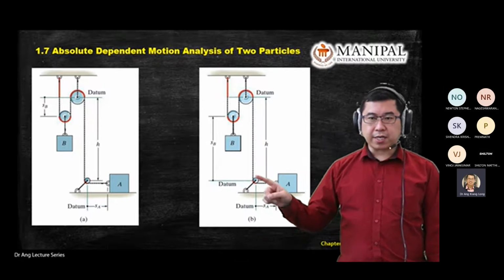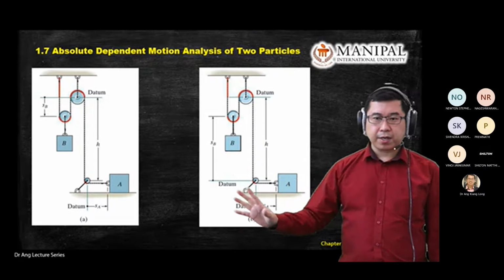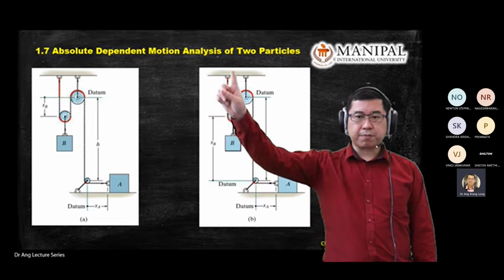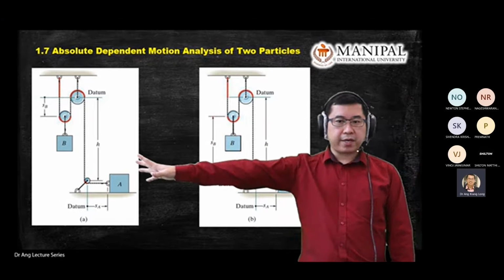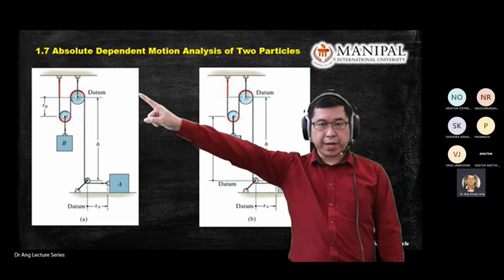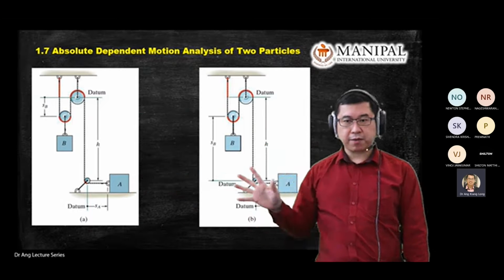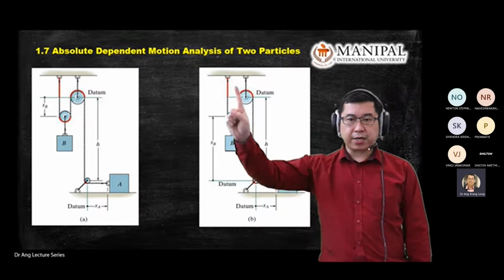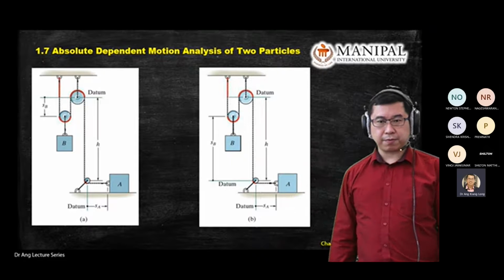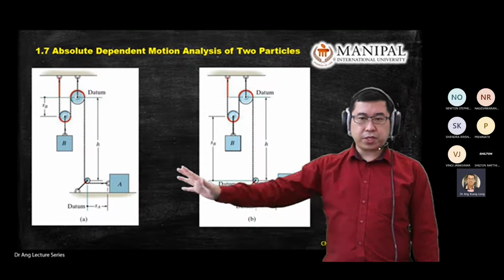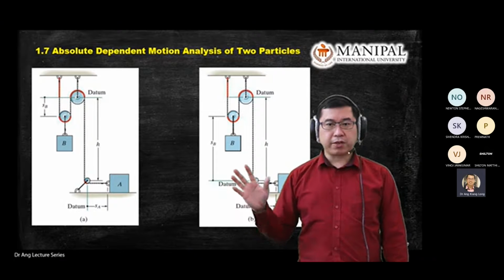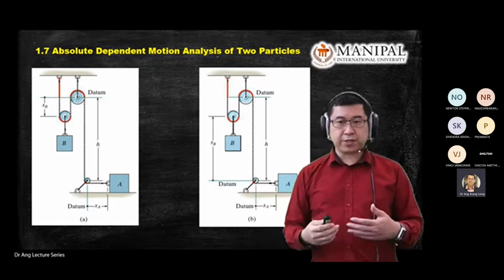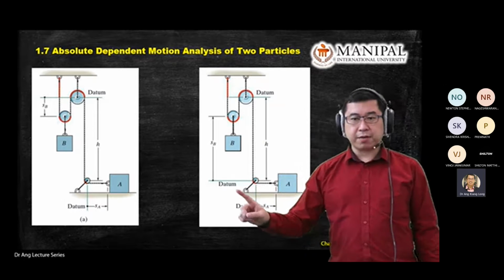In this new diagram, my SB position going up is positive. In the previous example I showed you, your SB going down is positive. On the new diagram here, your SB direction going up is positive. So when you derive the equation, it will give you a different set of equations because of the datum that you use.